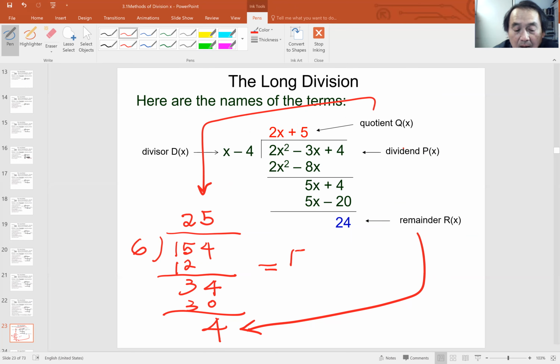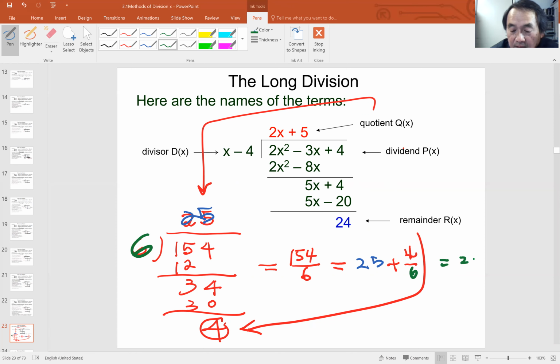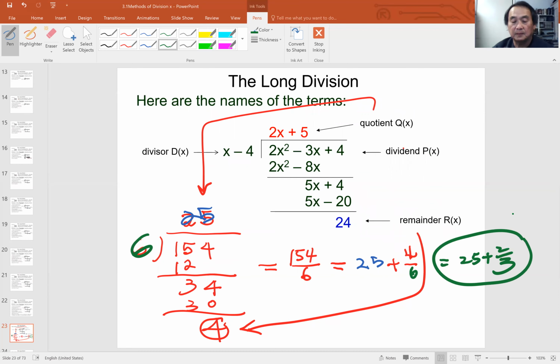Because this is how we put 154 divided by 6 into a mixed fraction. The 25 goes on top; that's the integer part, plus whatever the remainder is, 4 over the original divisor. So this is 25 plus 2/3 if you like. This is the mixed fraction form.